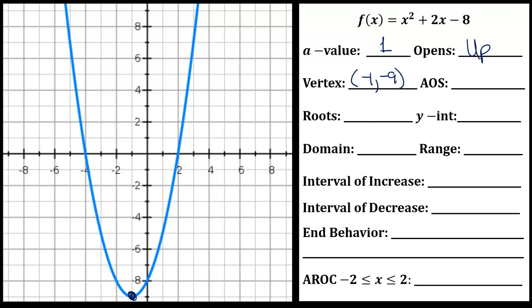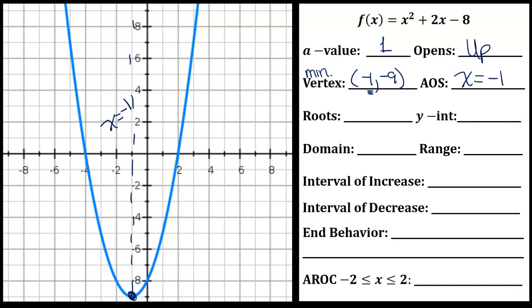And I'm going to go ahead and say our vertex is a minimum. The AOS, we're going to write it as an equation. And we're going to pencil it in. X equals -1.